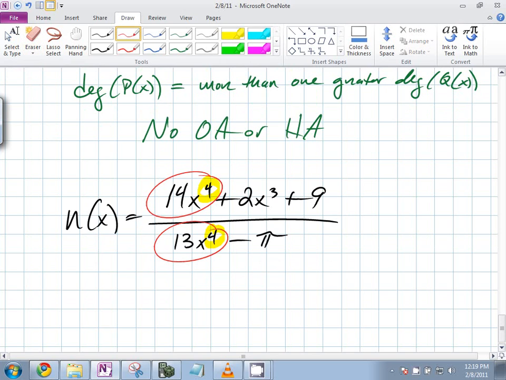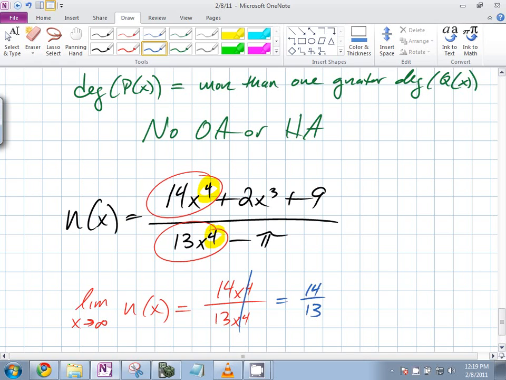So the limit as x goes to infinity of n of x, what are the only terms that matter? 14x to the fourth over 13x to the fourth, and what cancels? What does that value represent? Yeah, y equals 14 over 13 is the horizontal asymptote. If the degrees are equal, is it pretty easy?